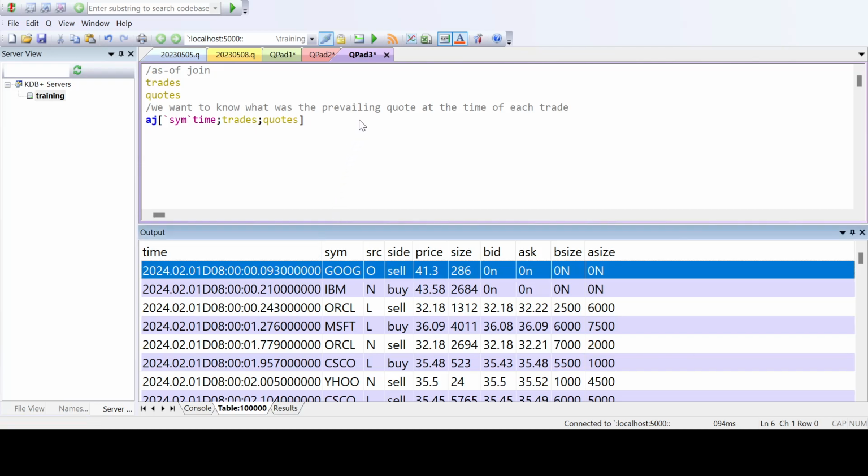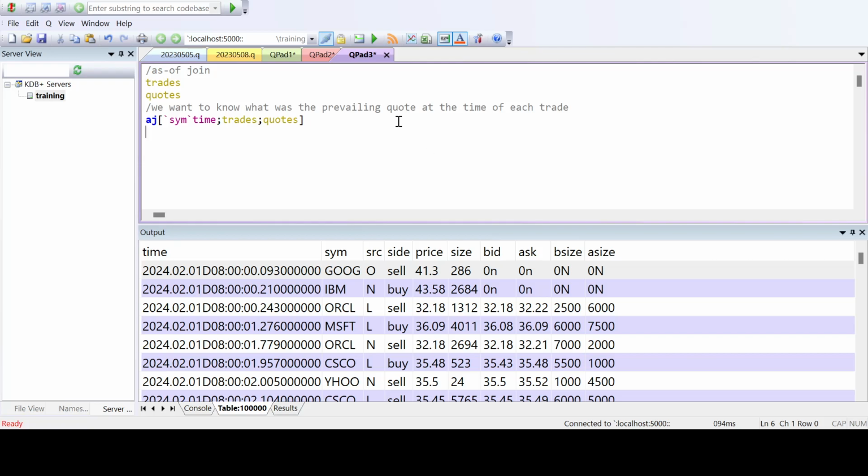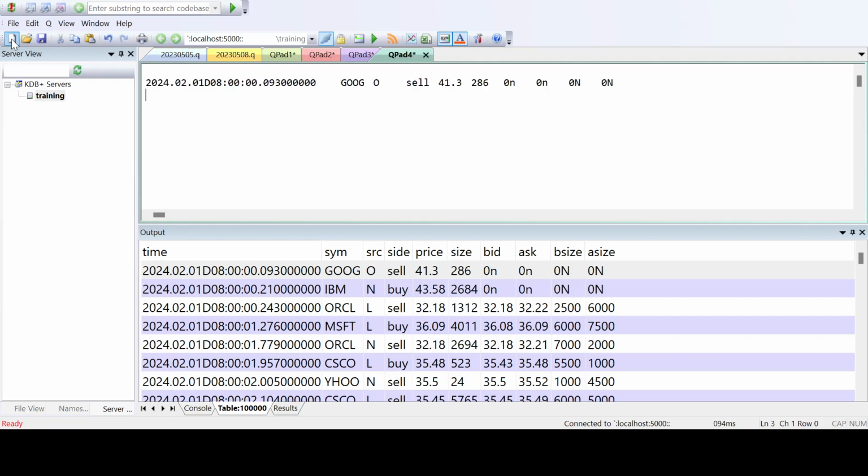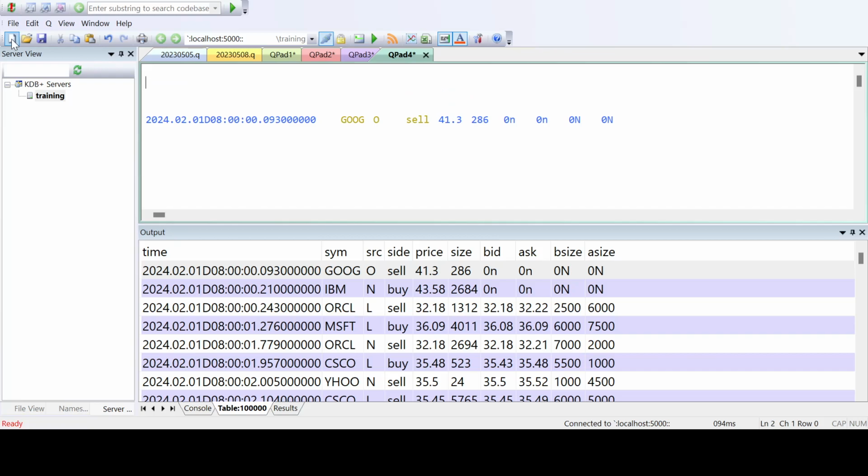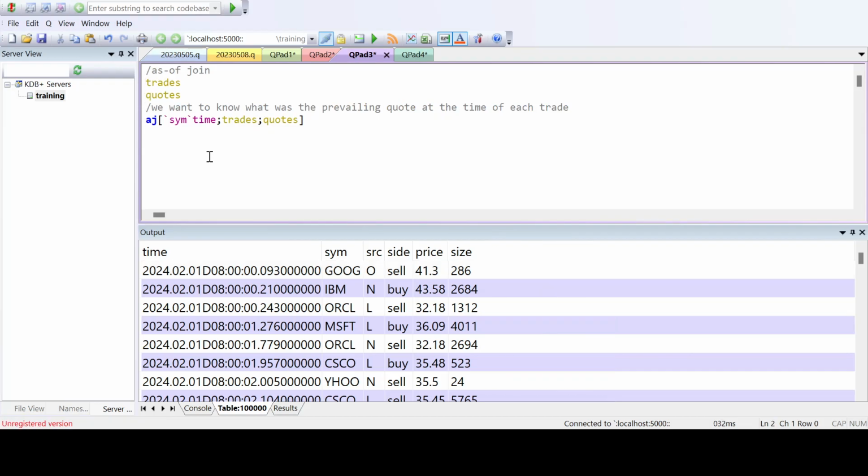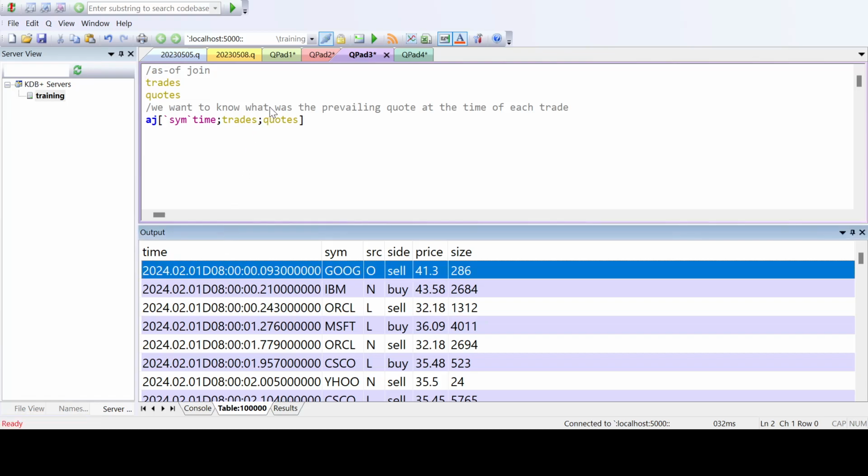Okay, so let's take the first one. Copy the row and put it in a new tab. So this is the result from the join. For this particular row, we are trying to get the prevailing quote.